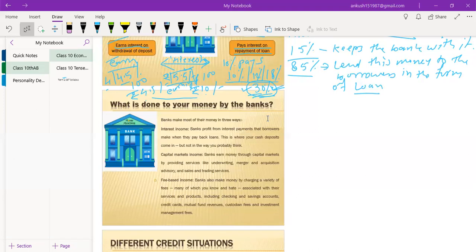Let us take an example of a depositor who is a very big business tycoon. He deposited some money with the bank last week, near about 1 crore or 1.5 crore rupees.